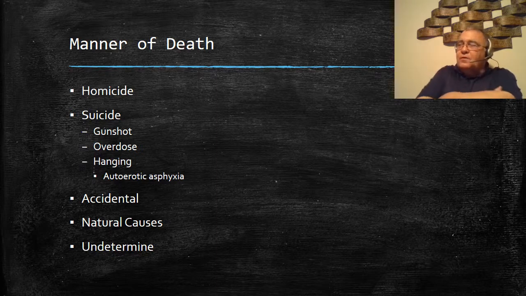Person has some sort of a disease or malady that caused their death. Or undetermined. Based on the evidence available from the body and from the crime scene, it could not be determined whether or not it was an accident, a homicide, or suicide, and the case stays as undetermined, but it can be changed at a later date if new evidence comes forward.